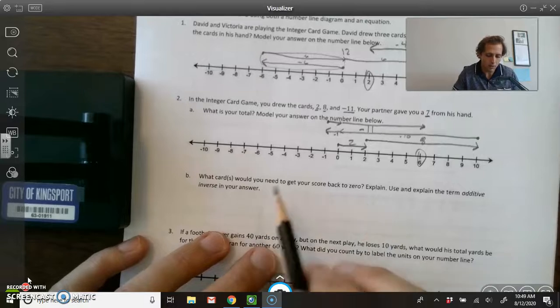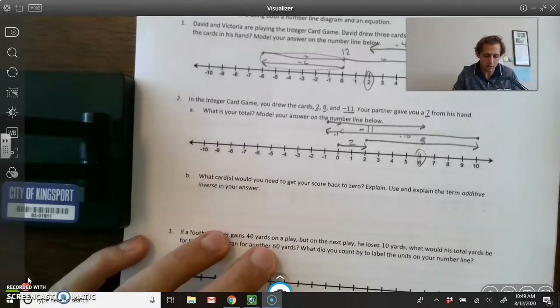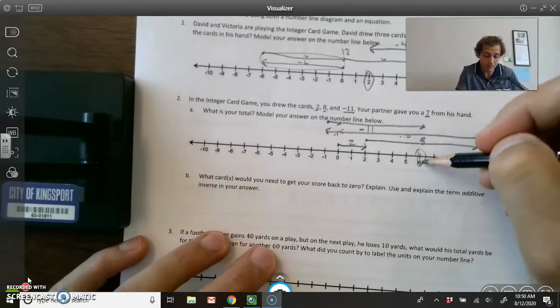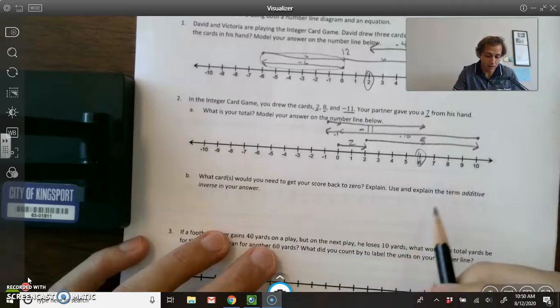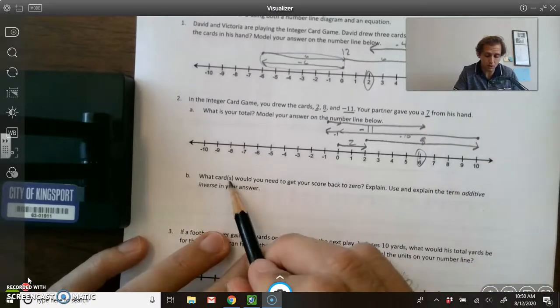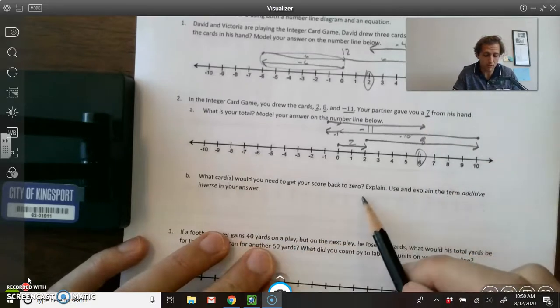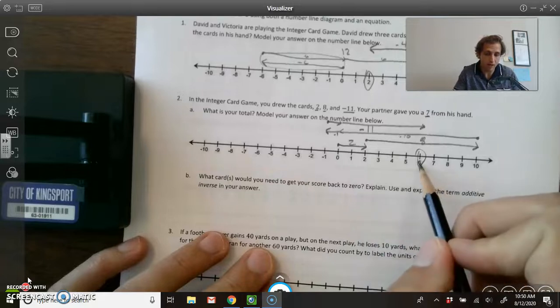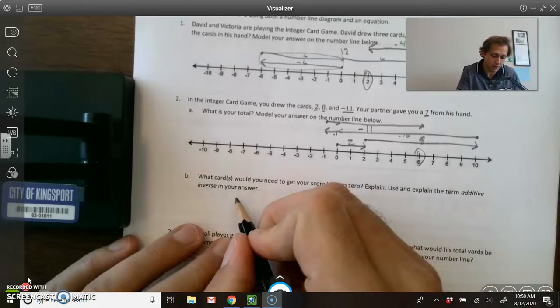What cards would you need to get your score back to 0? So now I'm at 6, so I need to answer what card or cards would I use to get back to 0. Well, the additive inverse of 6 would be -6.